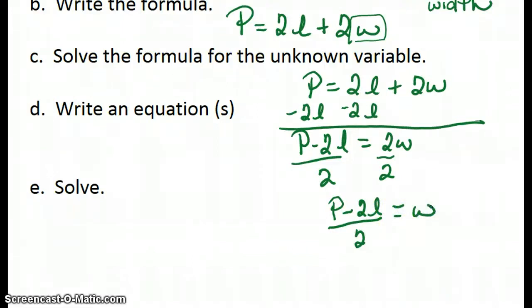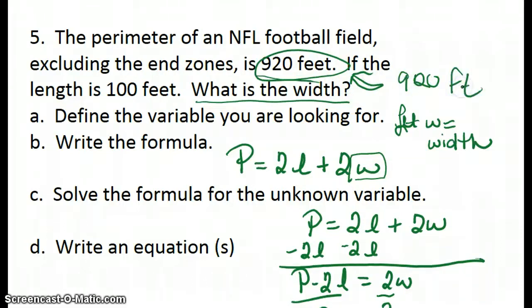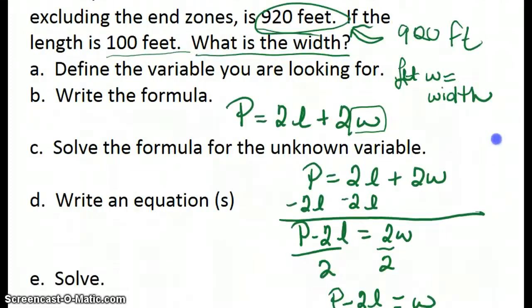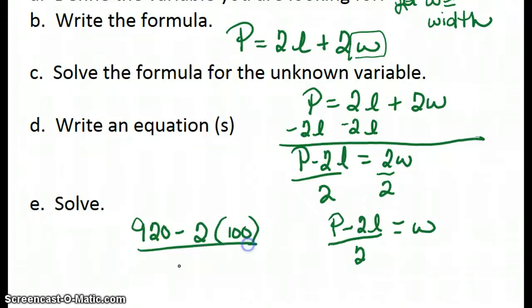Okay? So we know a lot of this information. We know the perimeter. Okay, so we look back up and we have the perimeter is 920 feet. And we want the width. Oh, the length is 100. We got a lot of things we can fill in this formula. So we have 920 minus 2 times 100 divided by 2.